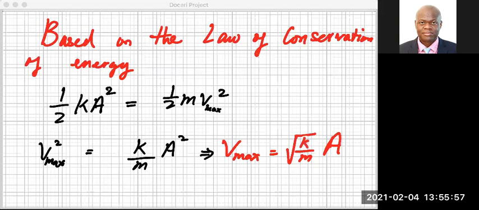So to emphasize that, let me put this in parentheses. Now, the quantity square root of k over m is known as the angular frequency or angular velocity.